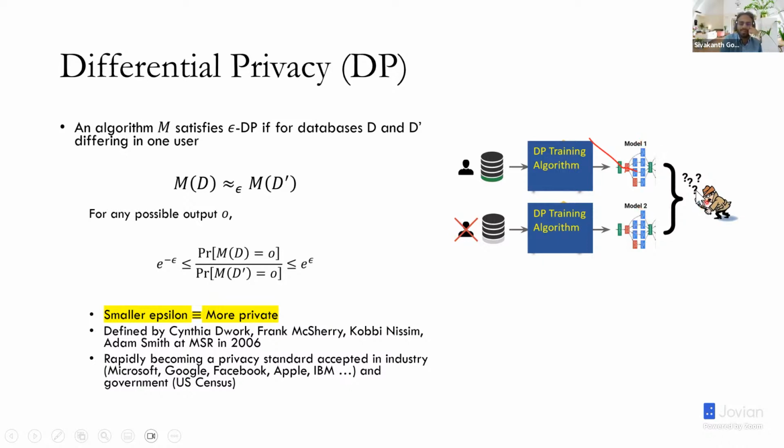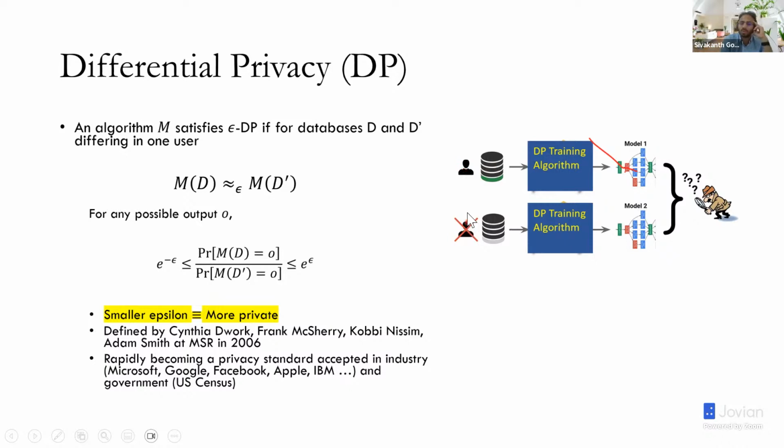Now you give an adversary access to these two models. They can do inference, they can even look at the weights, and they can do all sorts of things. But they are trying to find whether this particular user's email was used or not. They want to distinguish between these two cases. If I give one of these models at random to this adversary, they can't tell whether it was trained with this user's email or not.